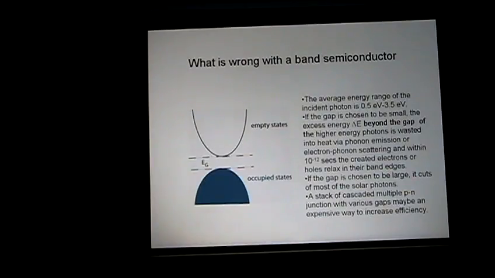First of all, what's wrong with traditional band insulators or semiconductors?